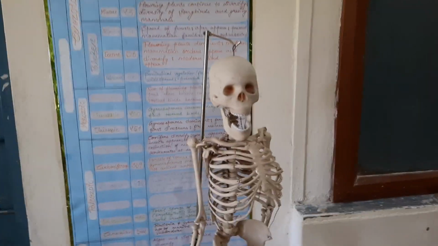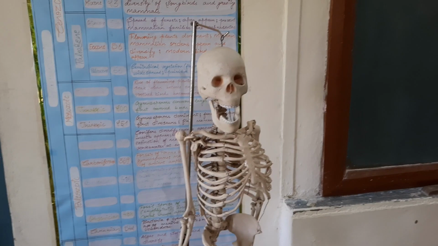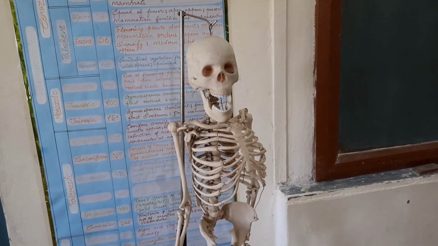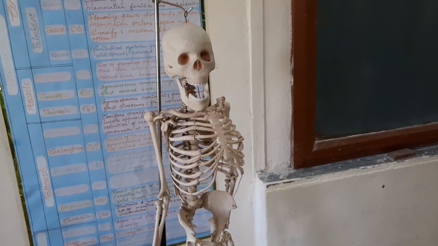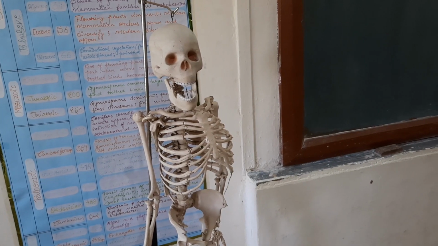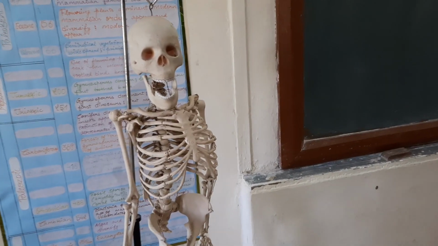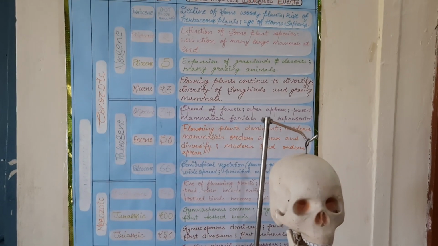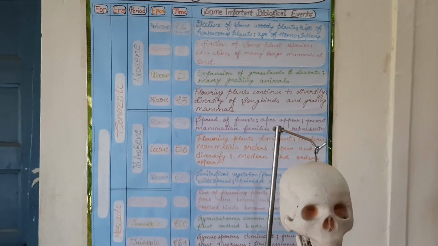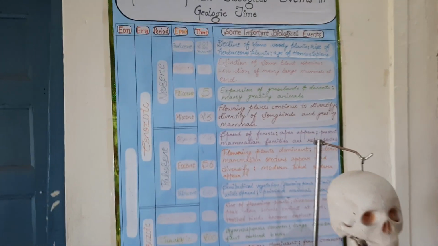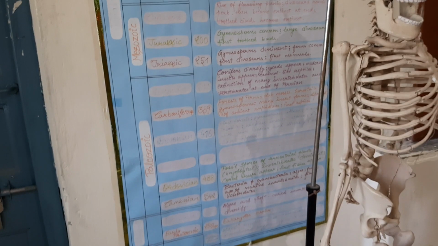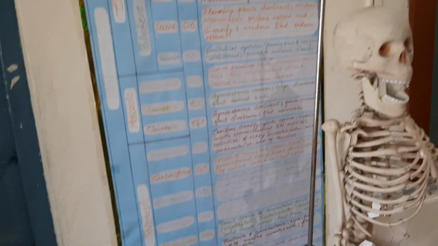By using these models, we can make students understand complex structures in a very real manner. And here one student of biology performed an incredible task by making a complete geological time scale for reference of evolution.